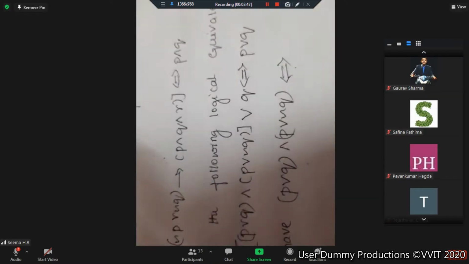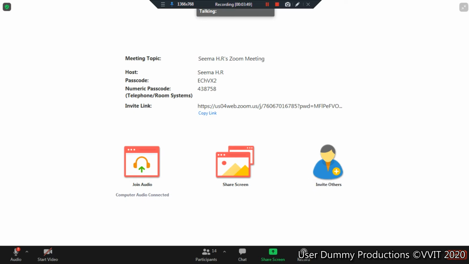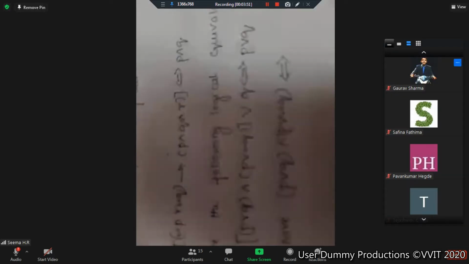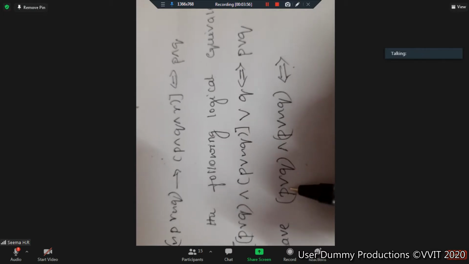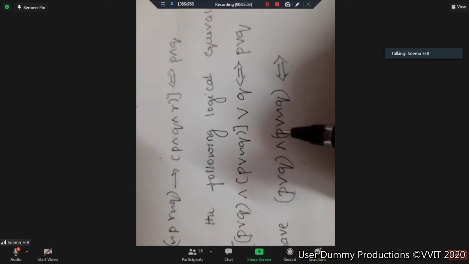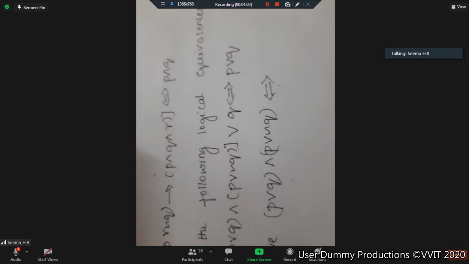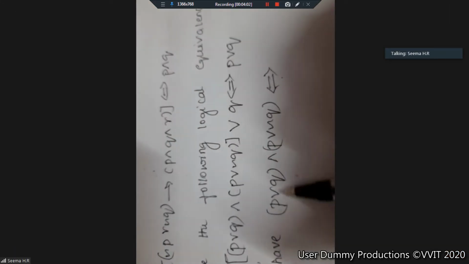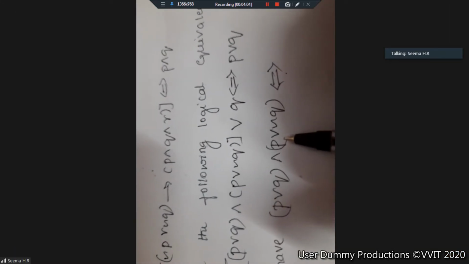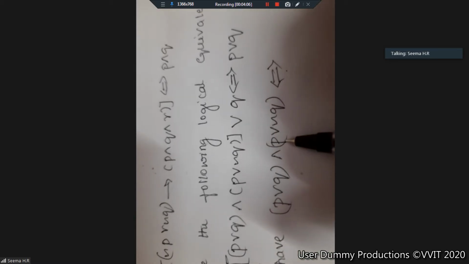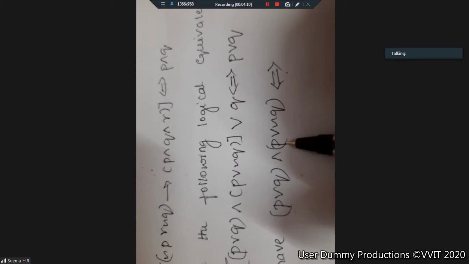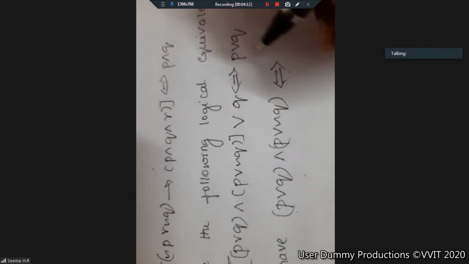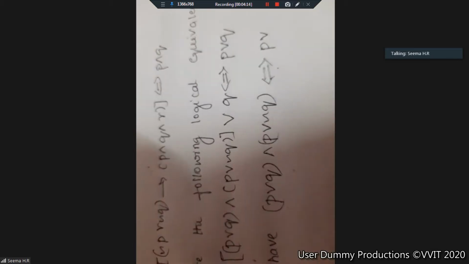So tell me, what is here? In the first place, P is there. So can we take P as a common factor? Yes, ma'am. So P is a common one.